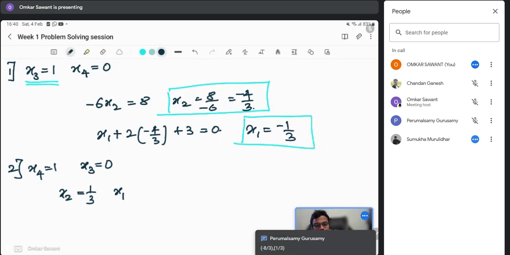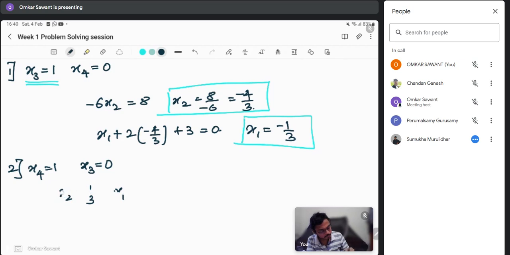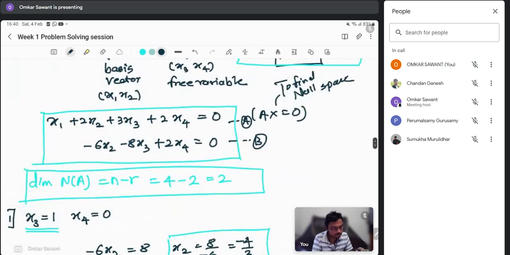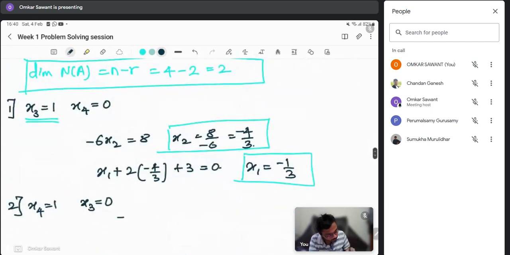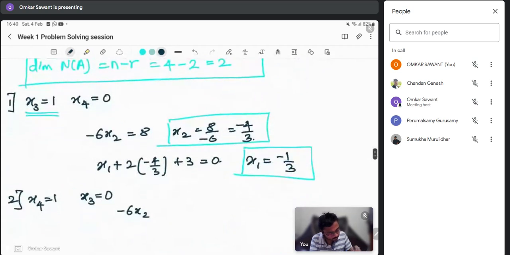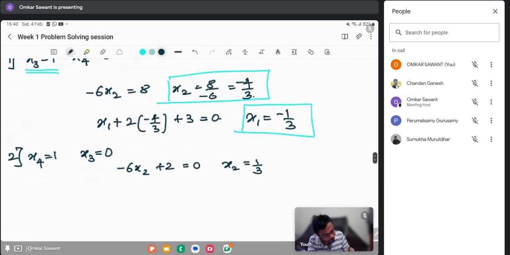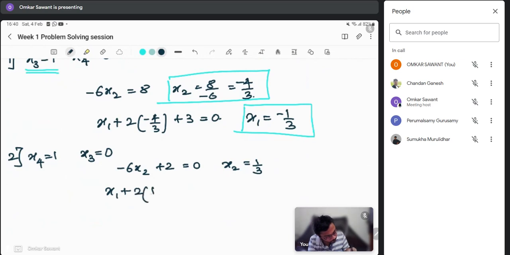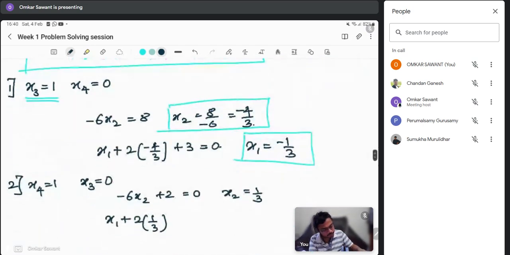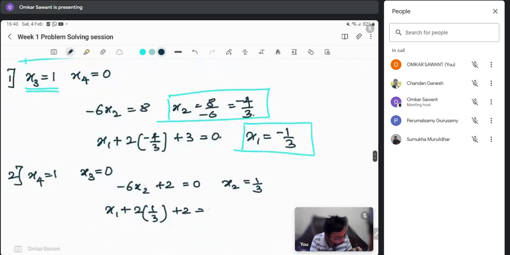Can you please recalculate? Okay, it is minus 8 by 3, correct?